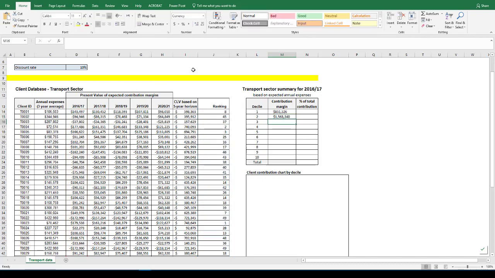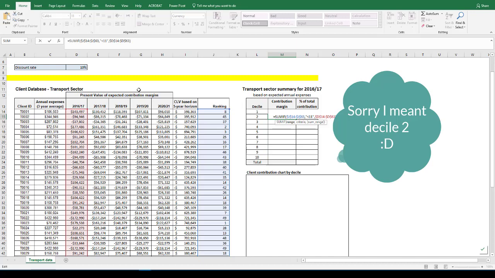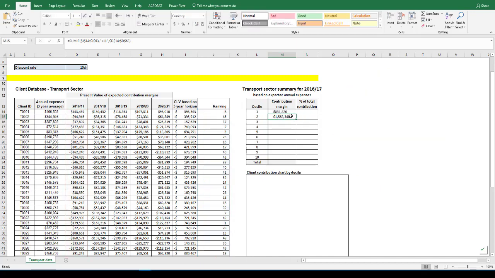This is my way. This now accounts for contribution of 10 clients, 1, 2, 3, 4 till 10. But for decile 2, I need only the second 5 customers. So what I will do is remove the contribution margin of the first decile from this value. So this much minus the previous value of the first decile.